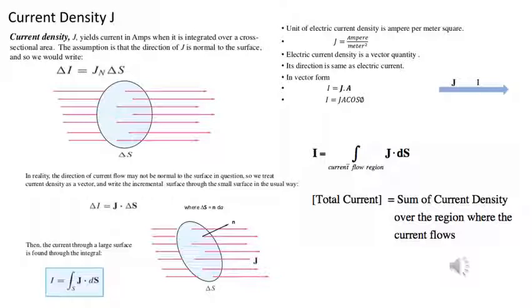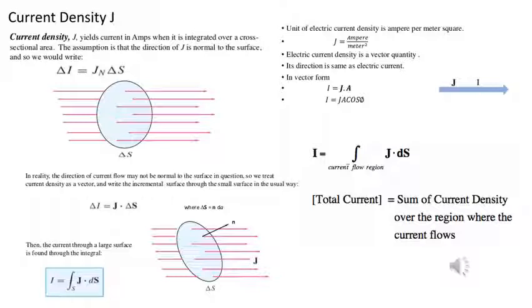In the top figure you are seeing, the direction of current is given by the arrow mark, and the cross-sectional area shown in the circle is perpendicular to the direction of the current. That is the area vector. You know from your early classes that the area vector is always perpendicular to the plane and directed outward, away from the plane.